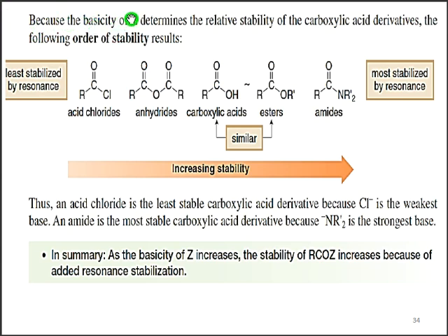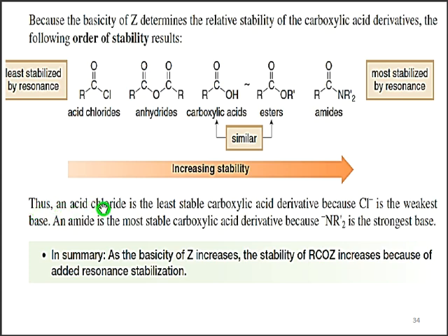Because the basicity of the Z atom determines the relative stability of the carboxylic acid derivative, the following order of stability results. For this reason, the amide will be highly stable, and the chloride will be least stable. Why? Again, it depends on the basicity of the Z atom, and whichever donates more resonance structures than the others.